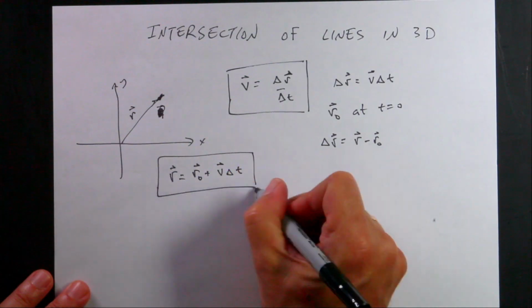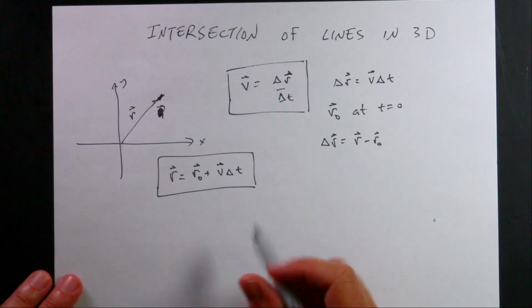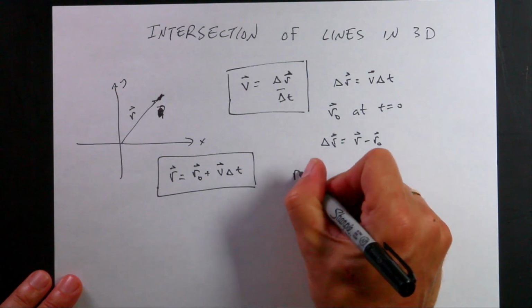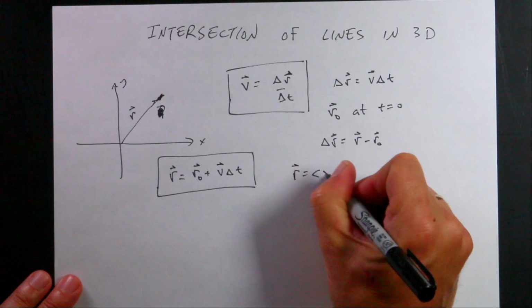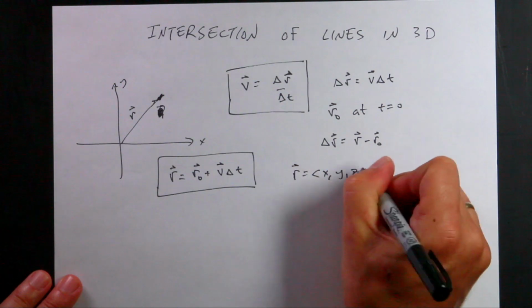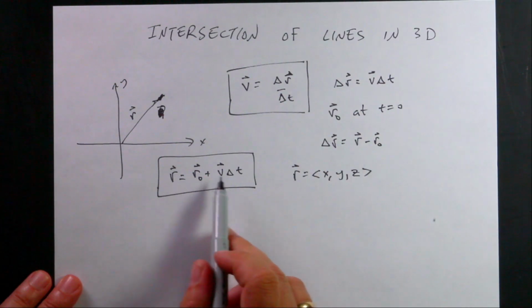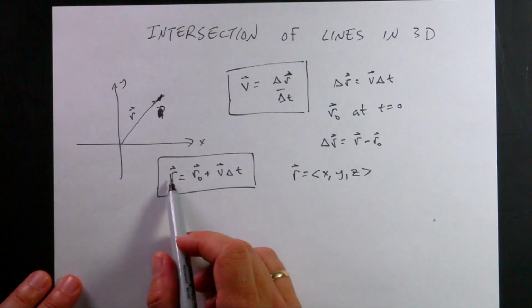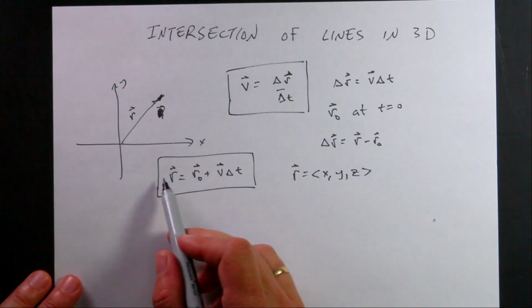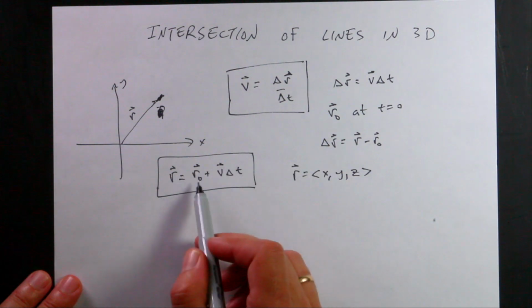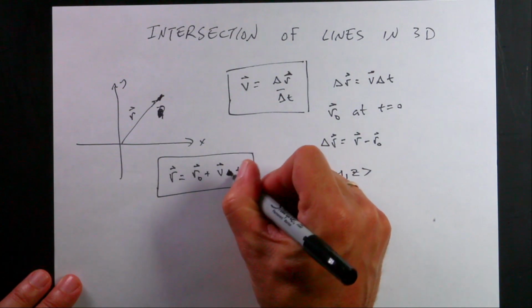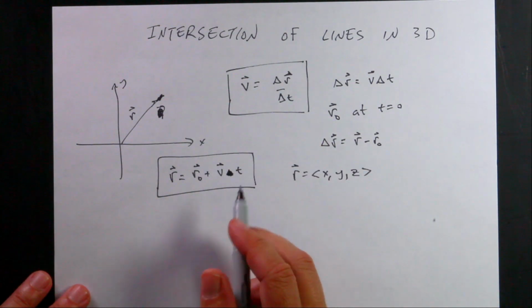This is a three-dimensional line, because if you think about r, let's say r is equal to x, y, z, then this is actually three equations, because the components of this side of the equation have to be equal to the components of that side. Oh, I left off, that should just be t, because remember I said t0 is 0.